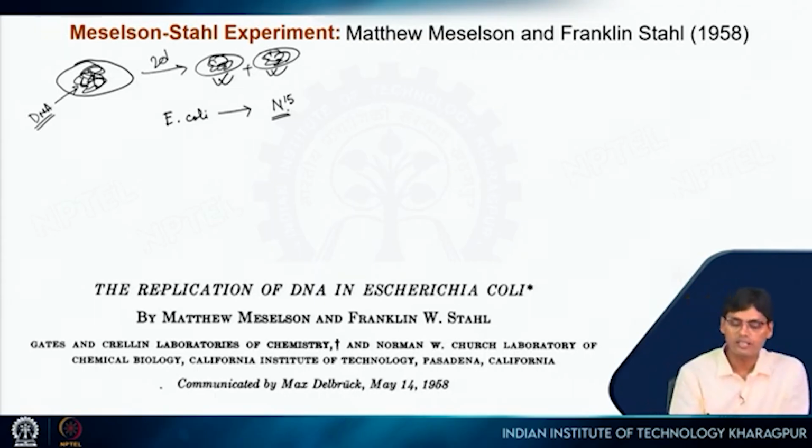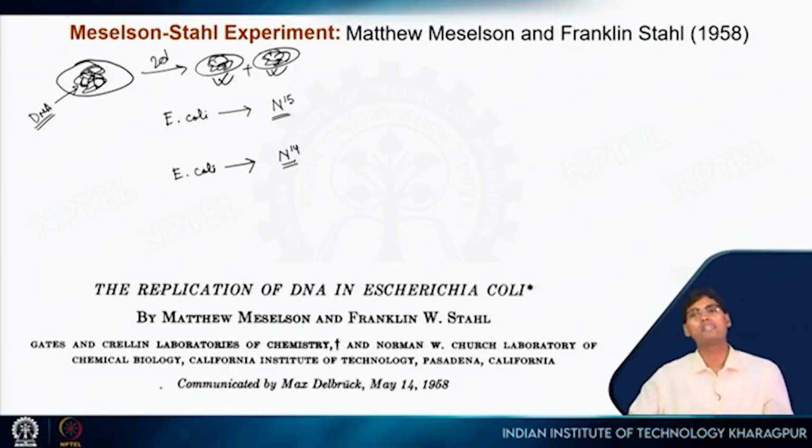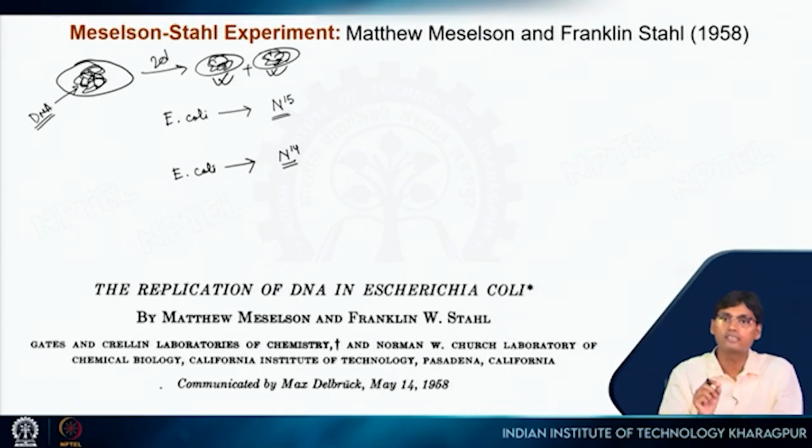And similarly, they were also growing E. coli cells in another flask where they had only N14 containing media. So they added ammonium chloride where the nitrogen is either N14 or N15. As we already discussed, nitrogen is an important atom in DNA, so during the replication step, this nitrogen will be incorporated in DNA.